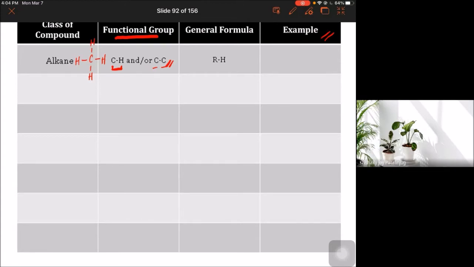Okay, so the general formula of an alkane is R single bond H. So I have mentioned earlier that the R there represents any alkyl group. I mentioned that in the beginning of this table. I said the letter R symbol for this column, you always treat that as any alkyl group.